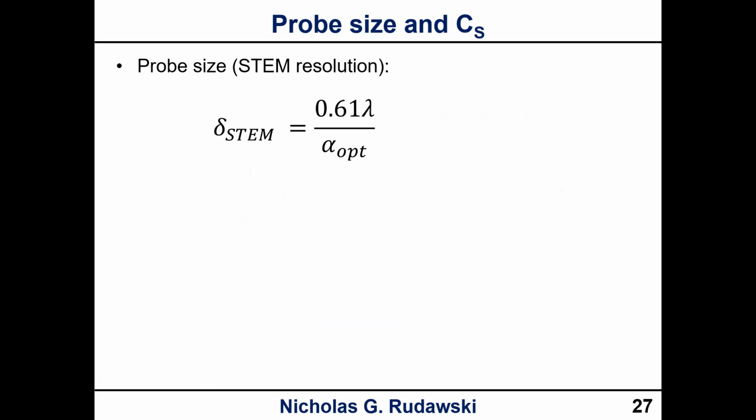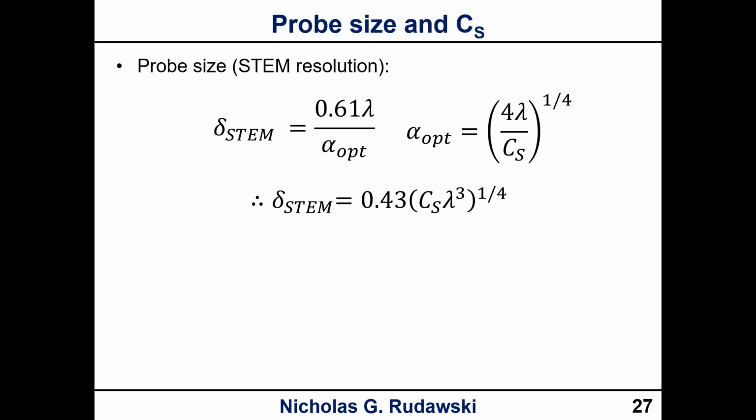And it's simply 0.61 lambda over alpha, okay? So then if I'm dealing with a non-corrected microscope, right, there's an equation for my optimal value of alpha. So it's 4 lambda over C sub S all to the quarter power, right? So we can see that as my C sub S goes down, my optimal alpha goes up, okay?